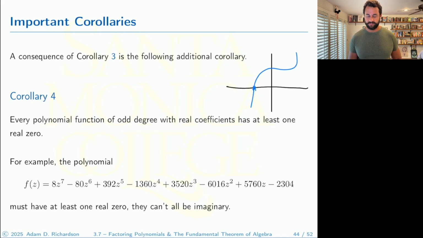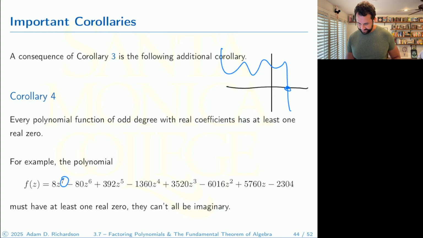So there's a 0. Maybe it looks like this. So there's a 0. And what this theorem is saying is that no matter what this degree is, as long as it's odd, you're going to have something like that. It's got to happen. So if the degree is odd, you're going to have at least one real 0 as long as you've got real coefficients.